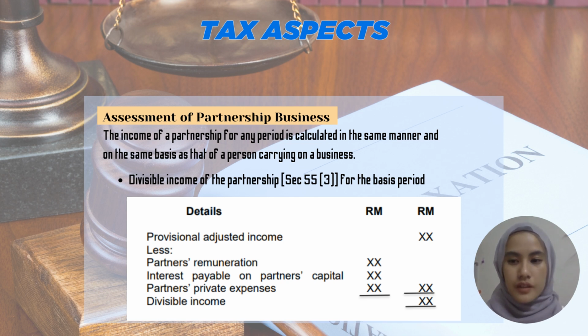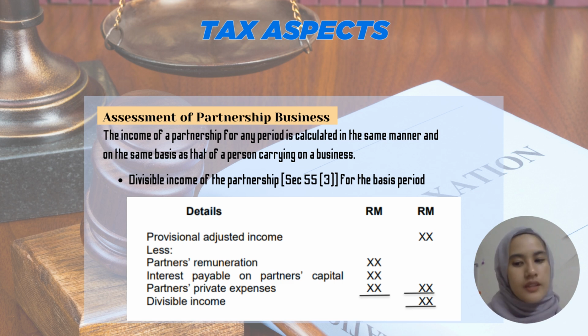However, the profit figure of the partnership business is net after adjustments are made for partners' salaries, interest on the partners' capital, and other personal expenses charged in the partnership account. So here is one example, which shows the steps to get the divisible income of the partnership under section 55 subsection 3 for the business period.